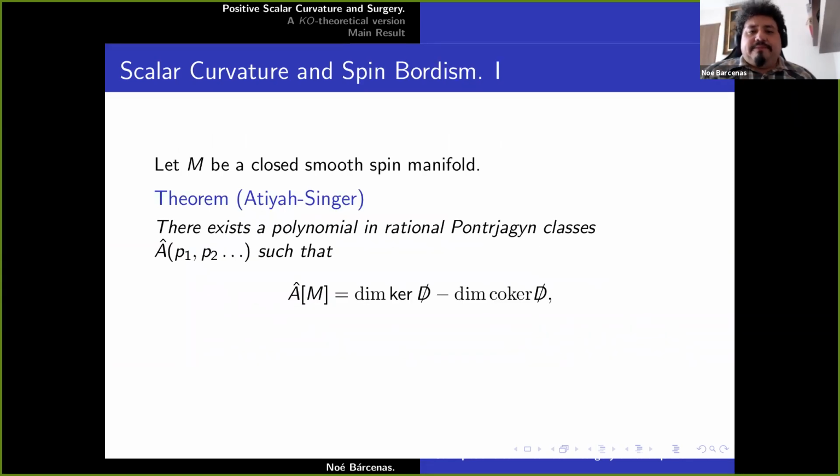This is the result by Atiyah and Singer, the homological formula for a closed smooth spin manifold. There exists a polynomial in rational Pontryagin classes, the A-hat genus, which when you evaluate it on the fundamental class of the manifold, you obtain exactly the difference of kernel and cokernel of the Dirac operator.